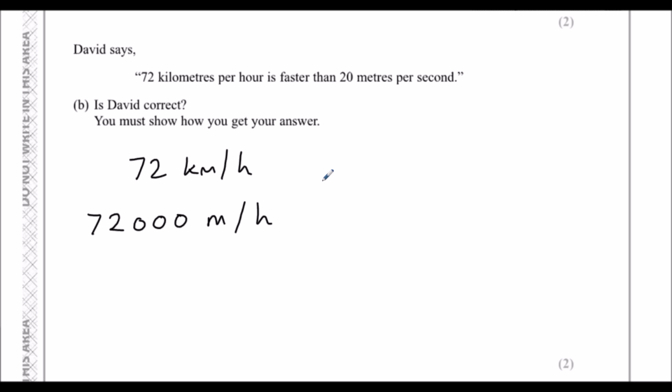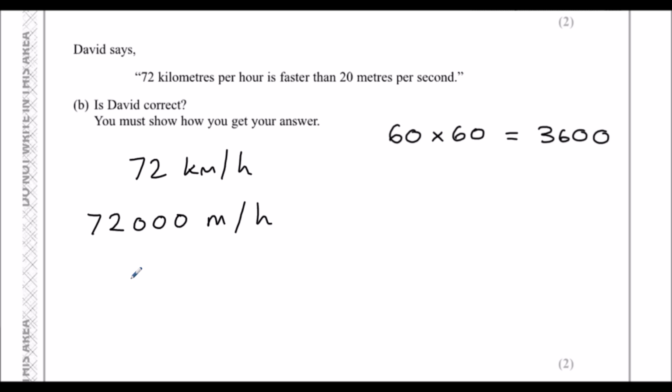And in an hour there are 60 minutes, and in a minute there are 60 seconds. So there are actually 60 times 60 seconds in an hour. 6 6s are 36. Add on the 2 zeros. 3,600 seconds in an hour.